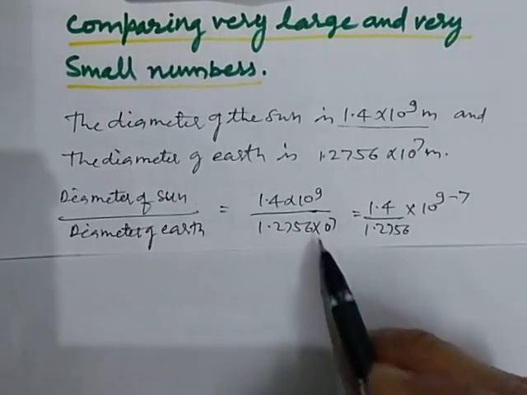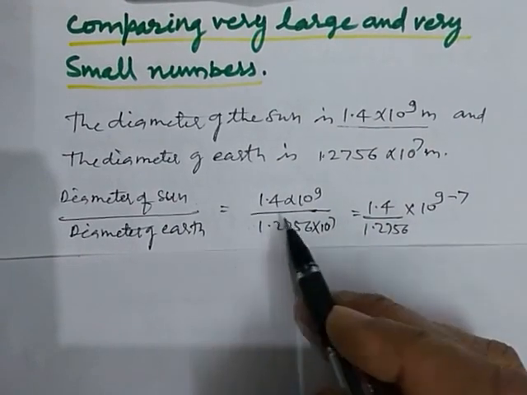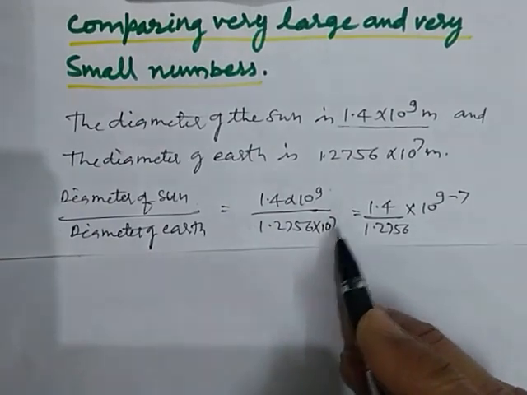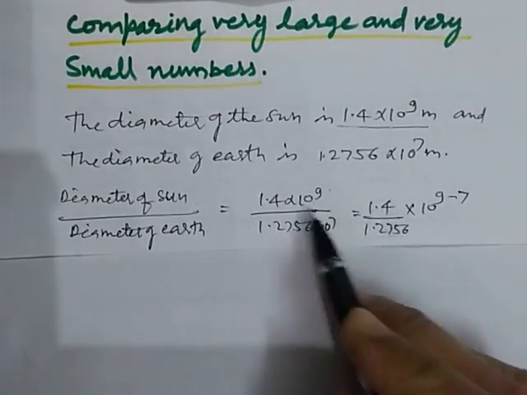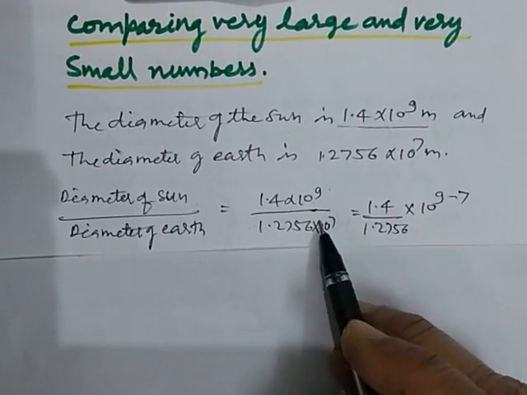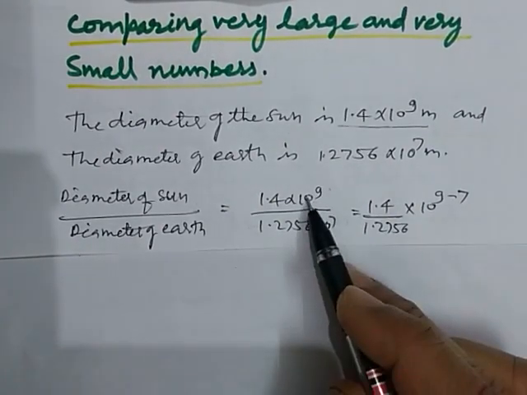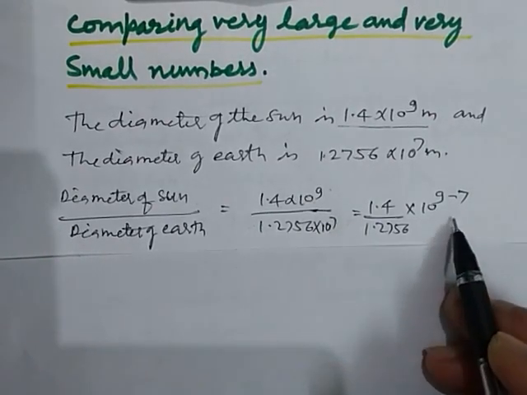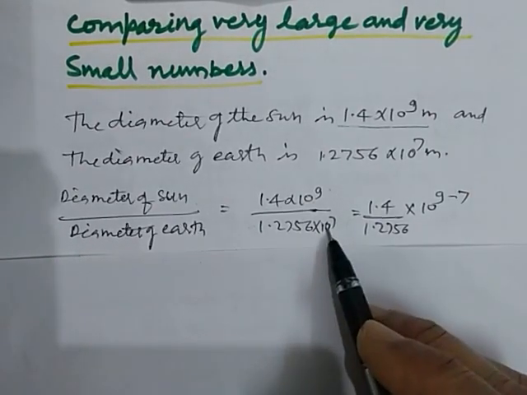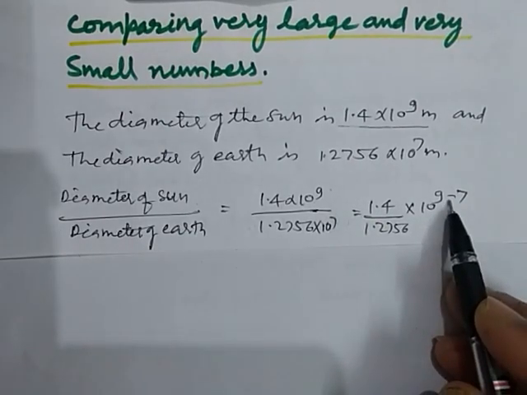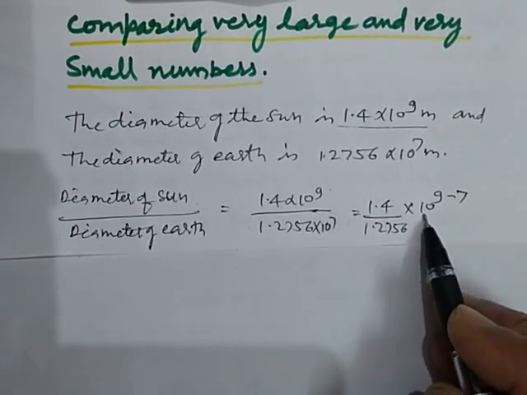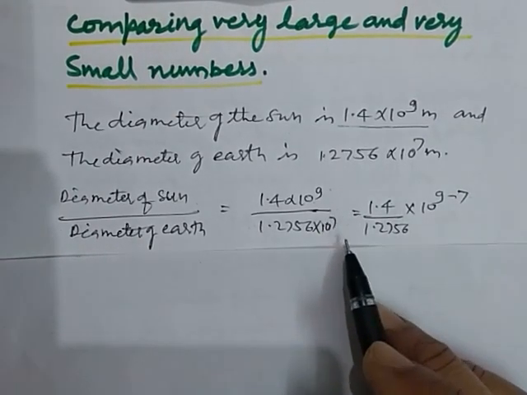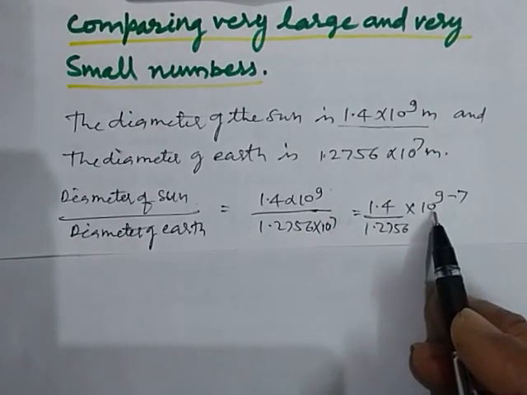Here is 1.4 into 10 to the power 9, and here 1.2756 into 10 to the power 7. So here we divide and apply the laws of exponents. By applying the laws of exponents, this 10 to the power 7, when we bring it up, becomes 10 to the power 9 minus 7, because a raised to the power m upon a raised to the power n is a raised to the power m minus n.